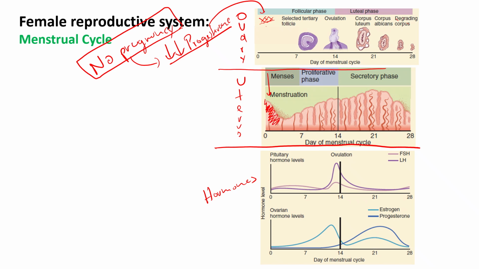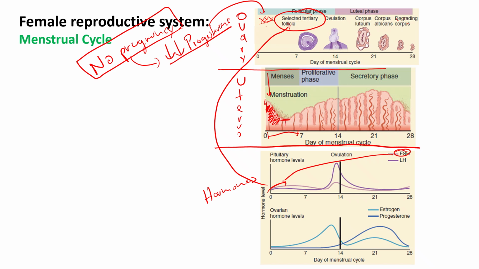At the same time, as you can see, FSH starts increasing. FSH is the hormone that will stimulate the maturation of a new follicle. Remember that menstruation usually lasts between 5 to 7 days, and it stops once the endometrium is completely thin.